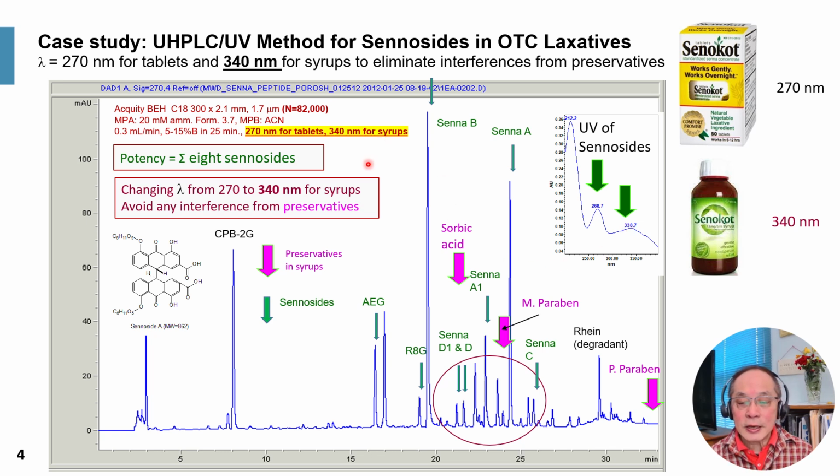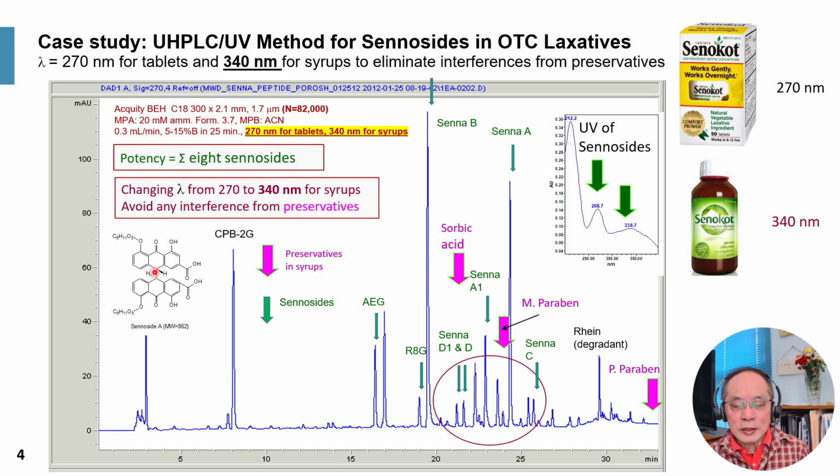Now, since the API, or active pharmaceutical ingredient, is a natural product with many different components, to assay the potency of the drug product, we summarize 8 of the major sennosides shown here in the green component. This is the structure of sennoside A. Another major one is sennoside B, which is an isomer, and with other major sennosides shown here as the green peaks over here. Rhein is the degradant.